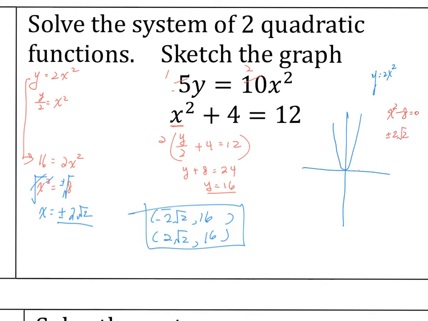So it's probably around here. And then we're treating this as y equals x squared minus 8. So it's going to be shifted down 8 units. So it will probably intersect, I'm sorry, this graph is not perfect, at these 2 points.